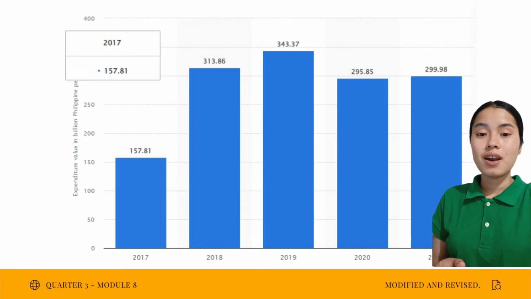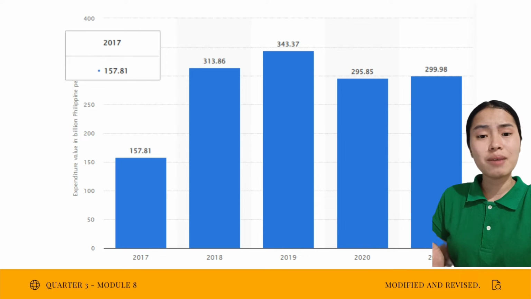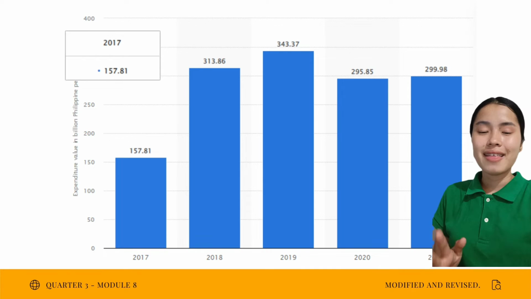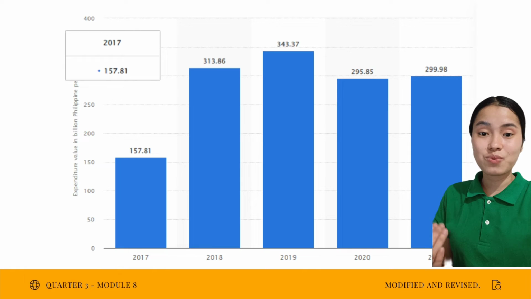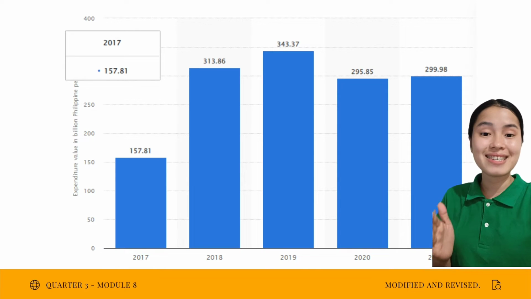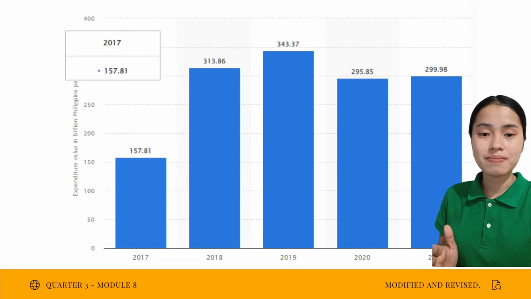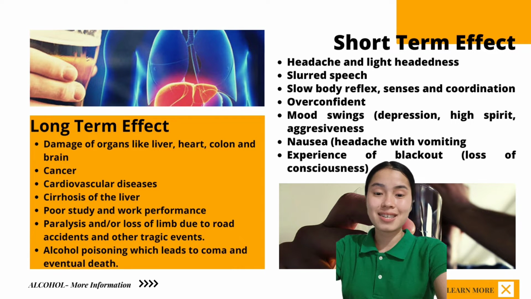With the 2 statistical facts presented, it can be concluded that young people are at danger of drug addiction if they are unable to protect themselves from the influence of gateway drugs. That is why, dear learners, I hope you will focus on the data provided, because it is a sign that in reality something is going on. So these are the short-term and long-term consequences of tobacco and alcohol.